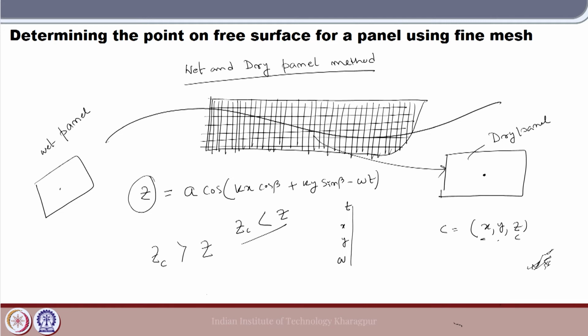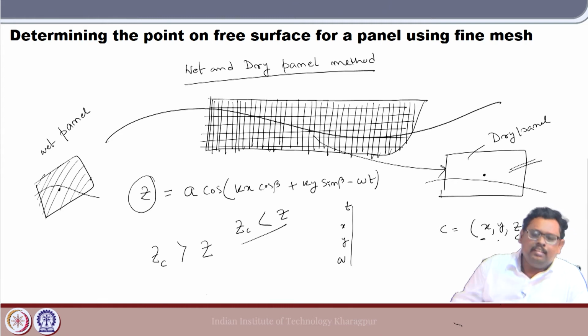So, what is happening in this case, if it goes just below, I can say that there is no contribution from this panel. Even if the free surface goes like this, maybe that area is more, that area is less, but since the centroid is below the free surface, I call it a wet panel and I take the contribution of the whole panel.